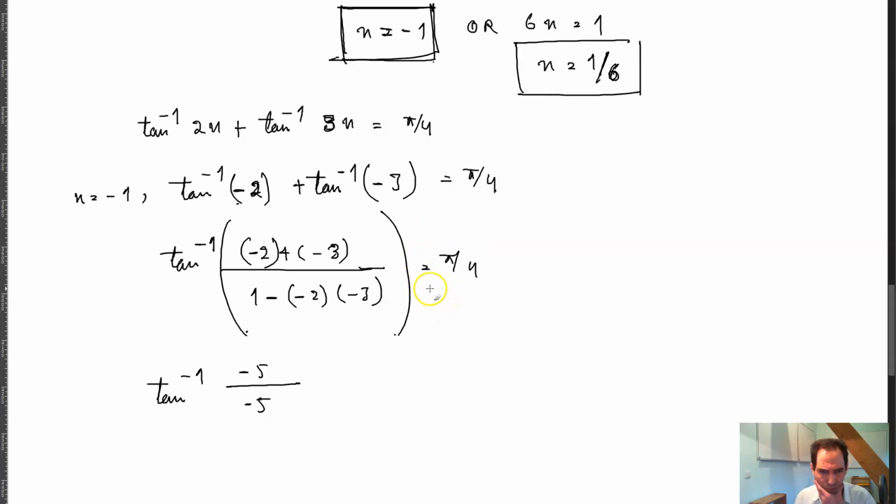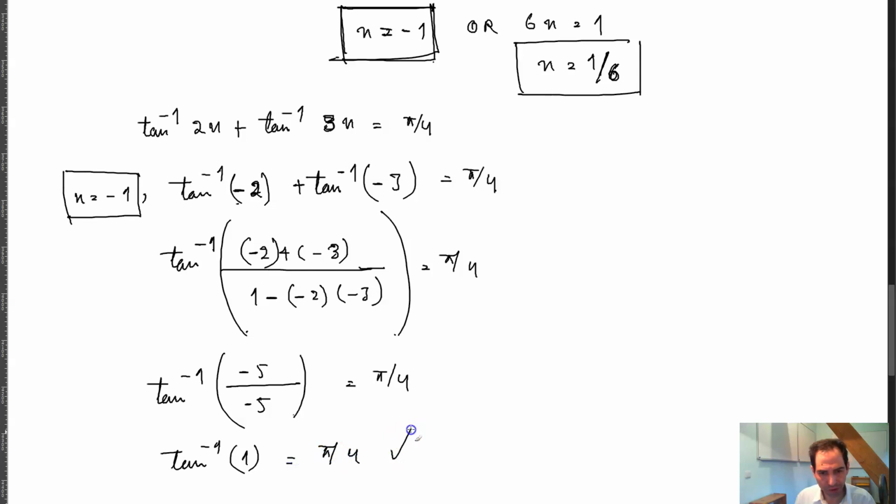It seems that it works. I don't know, in the solution they have not accepted this one, but as far as I can see, the tan inverse of negative 5 by negative 5 is equal to pi by 4, which means that the tan inverse of 1 is equal to pi by 4, and that is true.